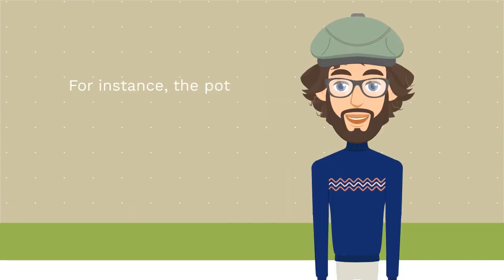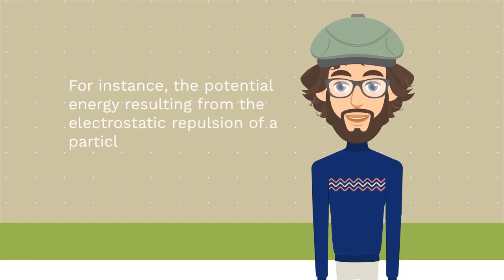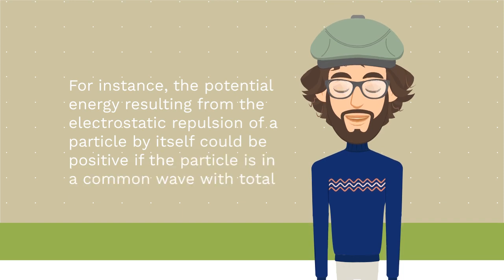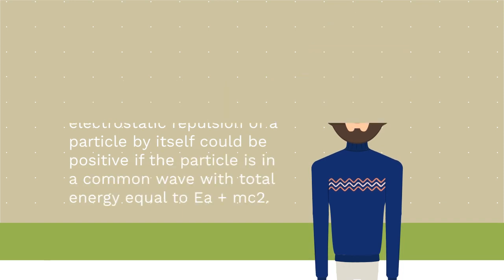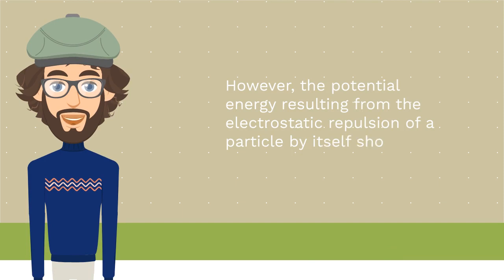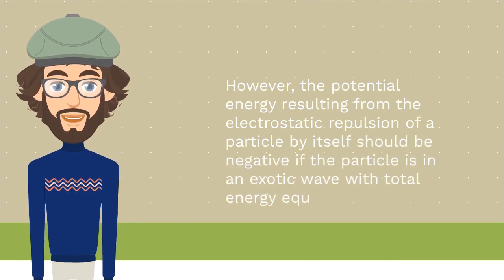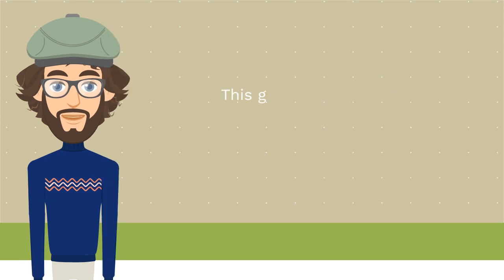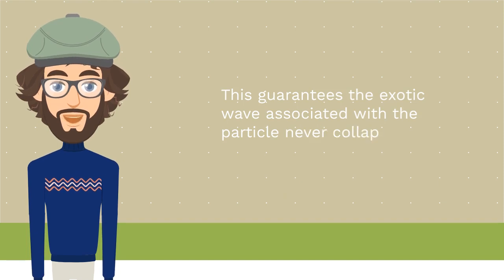For instance, the potential energy resulting from the electrostatic repulsion of a particle by itself could be positive if the particle is in a common wave with total energy equal to EA plus mc2. However, the potential energy resulting from the electrostatic repulsion of a particle by itself should be negative if the particle is in an exotic wave with total energy equal to EB, mc2. This guarantees the exotic wave associated with the particle never collapses to a point due to the electrostatic self-interaction.